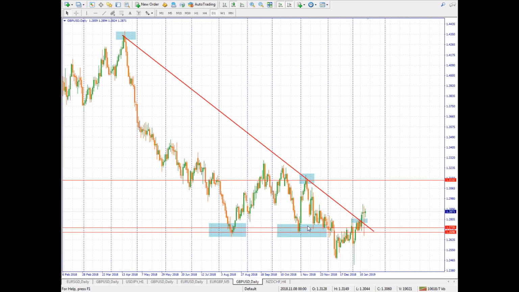We said you're supposed to remain flat. It was at a weekly support, but you're supposed to remain flat so that we see how this week closes. We had a level there, a support, a support, a support, a support, then another support.